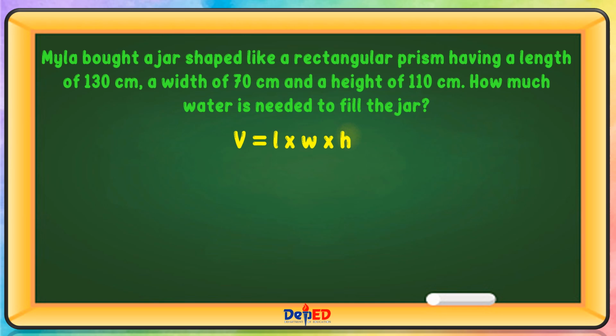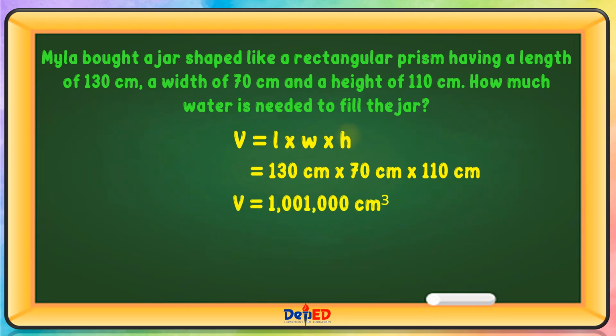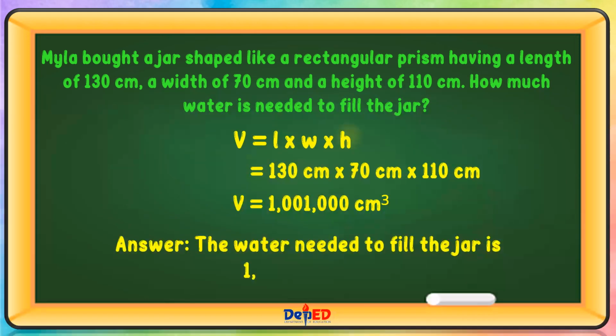Volume is equal to length times width times height. 130 cm times 70 cm times 110 cm is equal to 1,001,000 cubic centimeters. Our answer is the water needed to fill the jar is 1,001,000 cubic centimeters.